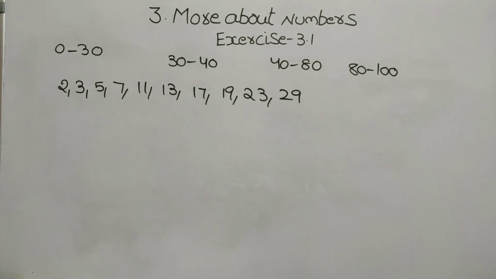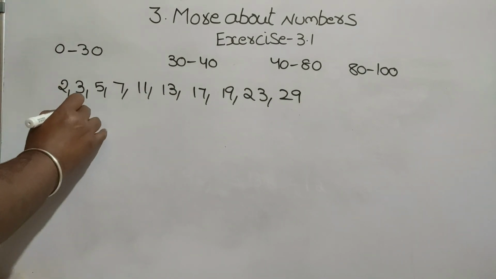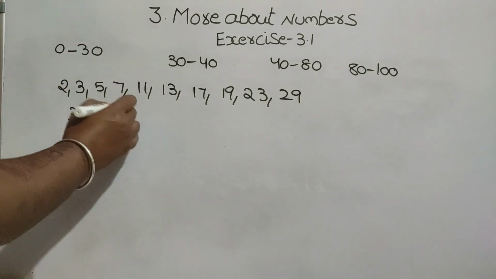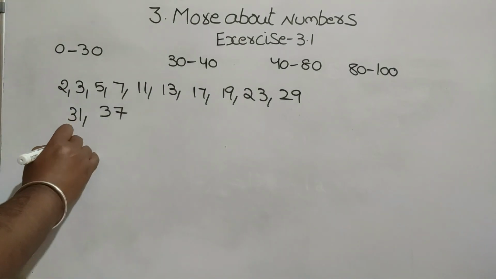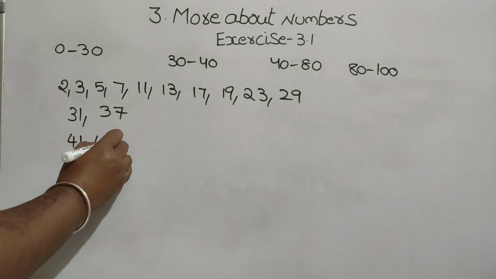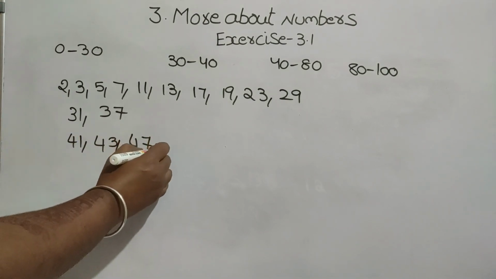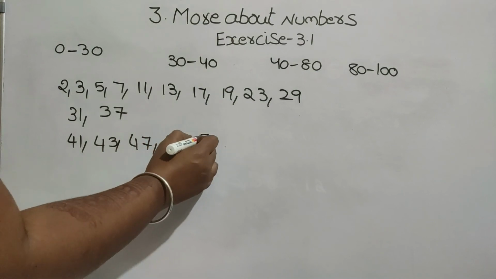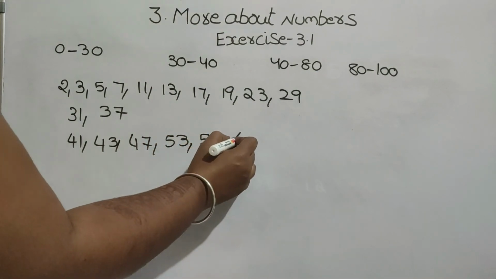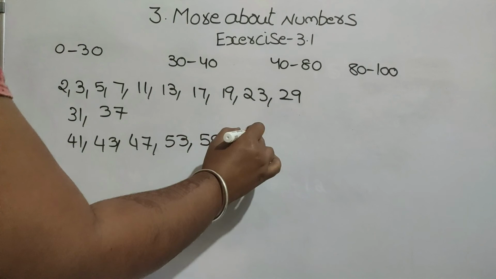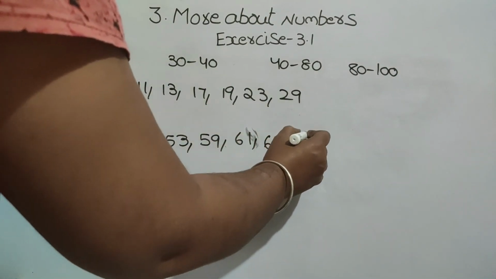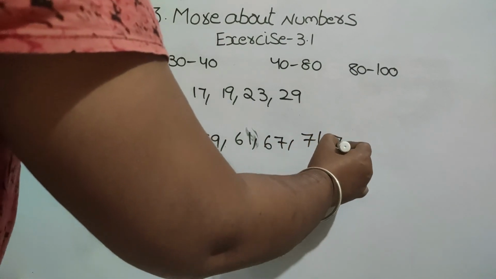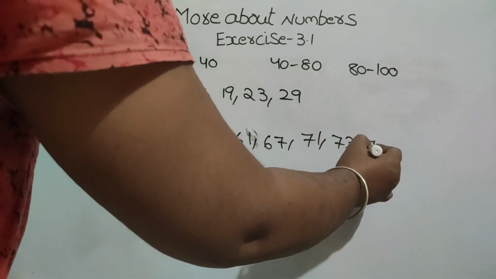Second, 30 to 40 is 31 and 37. Next, 40 to 80 is 41, 43, 47, 53, 59, 61, 67, 71, 73 and 79.